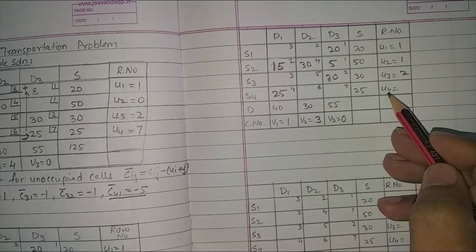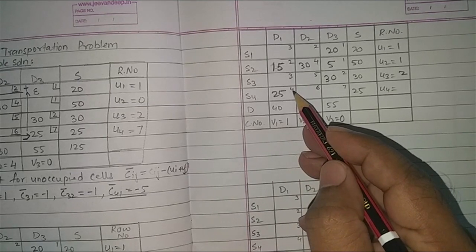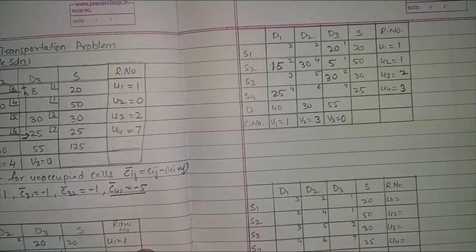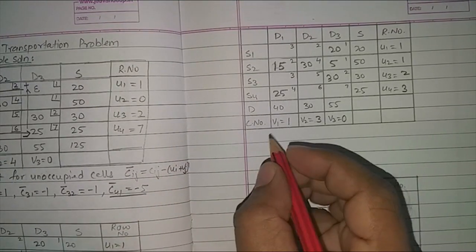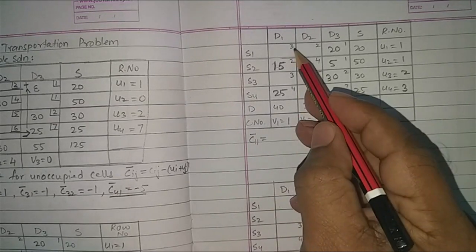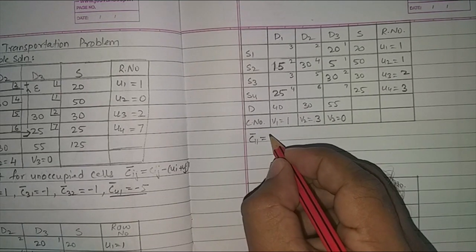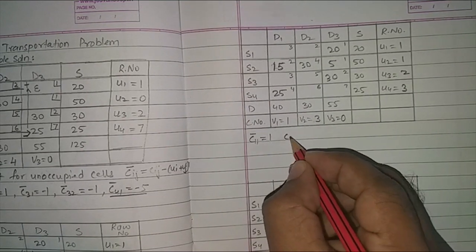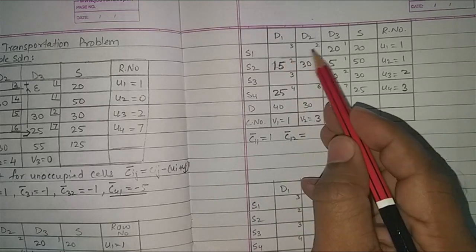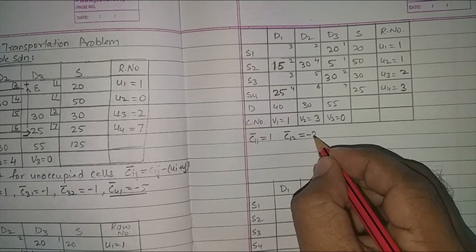There's U4 which is remaining, and I can use this. So U4 plus 1 should give me 4. So this will be 3. Okay, let us calculate the opportunity cost. Now this time we have C11. 3 minus 1 plus 1, that is 2, will give me 1. C12, we have 2 minus 4, it gives me minus 2.